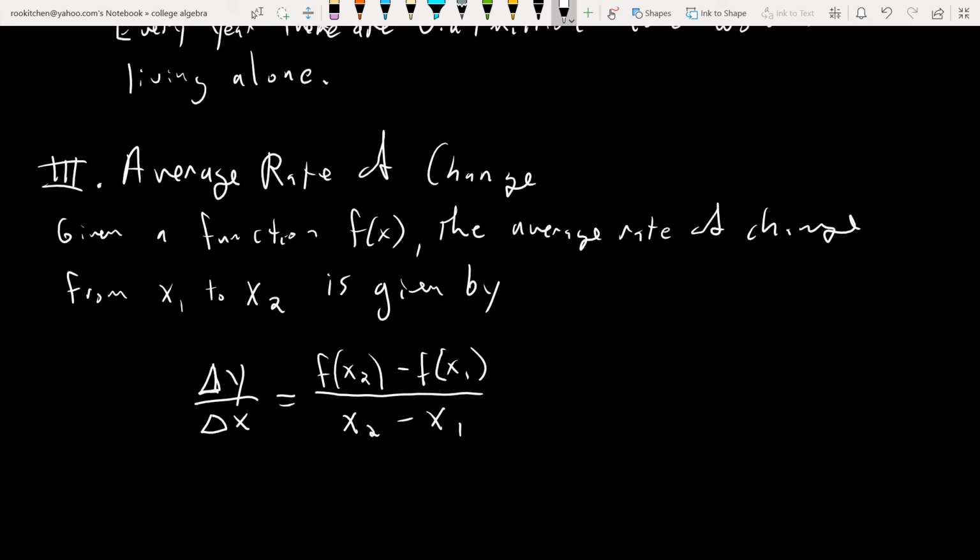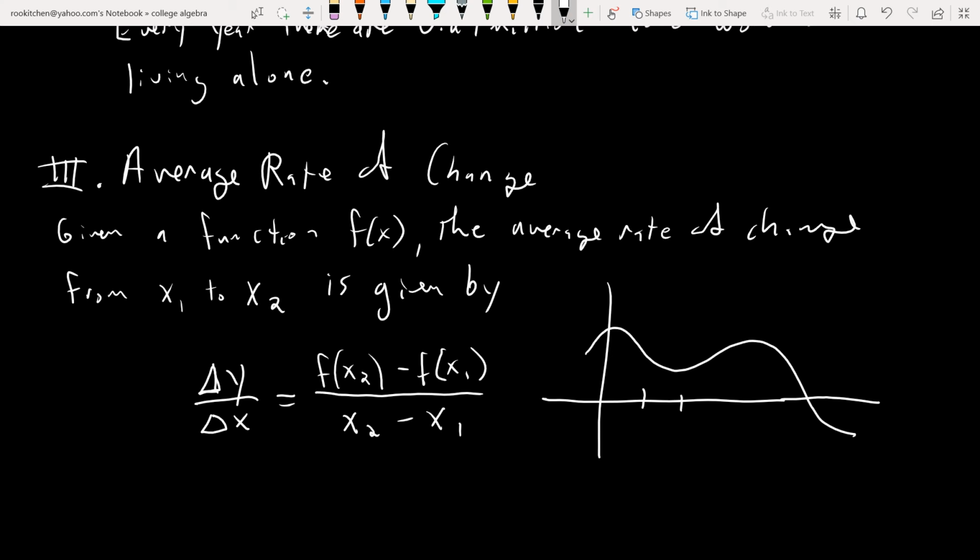Okay, and in particular, if you looked at the graph, your function may not be a straight line, right? So usually with slopes, we're thinking of lines, but now we can put a slope to something that looks like this. On the average, going from, let's say, x1 to some other point, x2, we can assign an average rate of change.